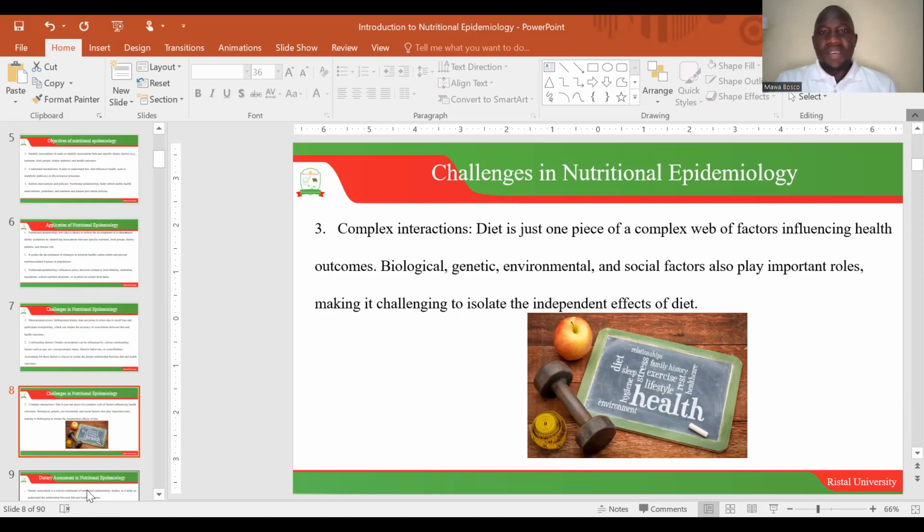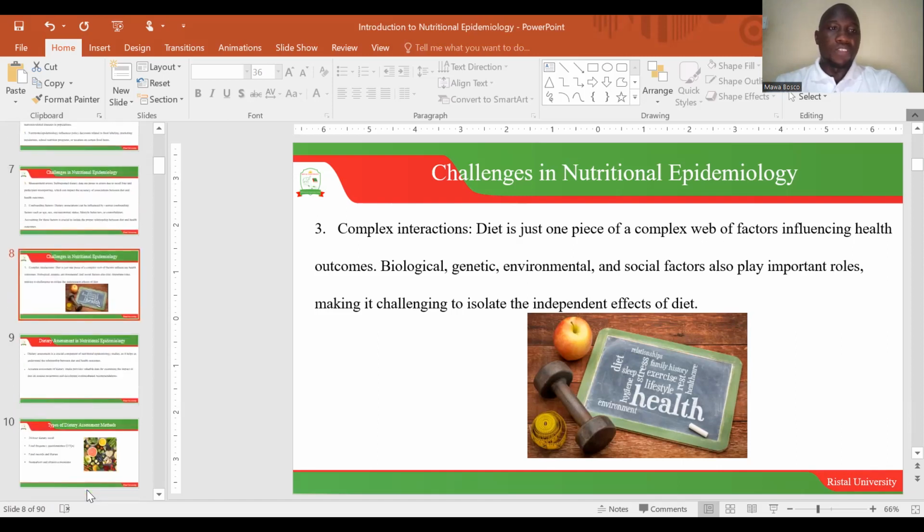It could be an issue to do with the environmental situation, or it could be a social problem that is associated with the health outcome of interest. So isolating these health outcomes with their risk factors is very hard, and therefore it is one of the challenges of nutritional epidemiology.